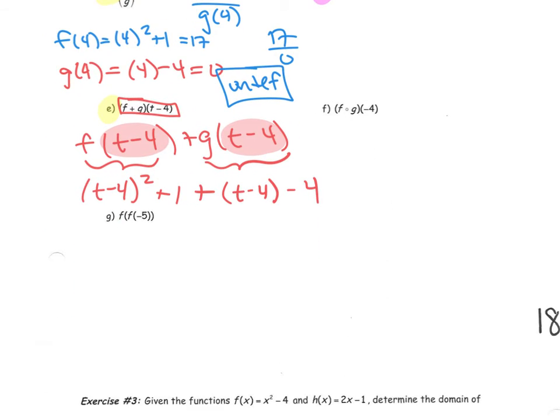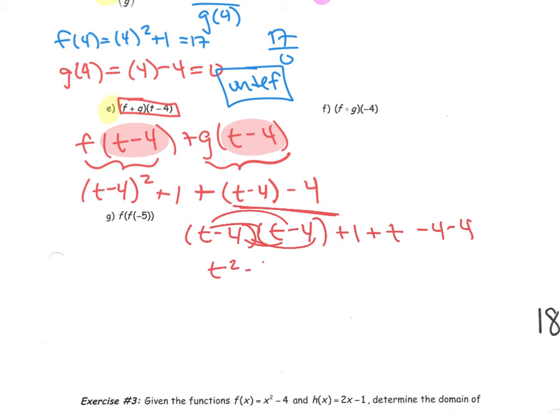Okay, I'm running out of space, but I'm going to continue working in this area. So I have t minus 4 times t minus 4 plus 1 plus t minus 4, just combining what I have here. When I double distribute, I end up getting t squared minus 8t plus 16.